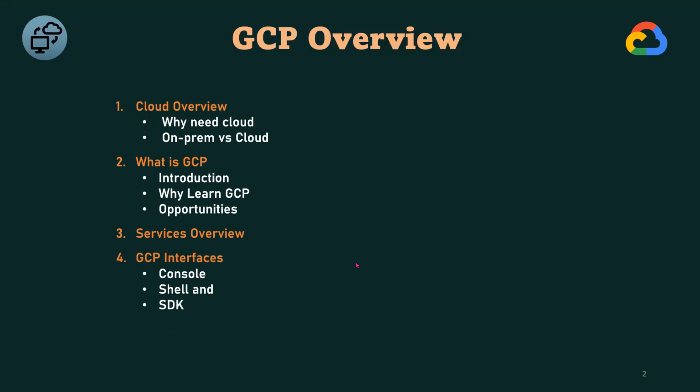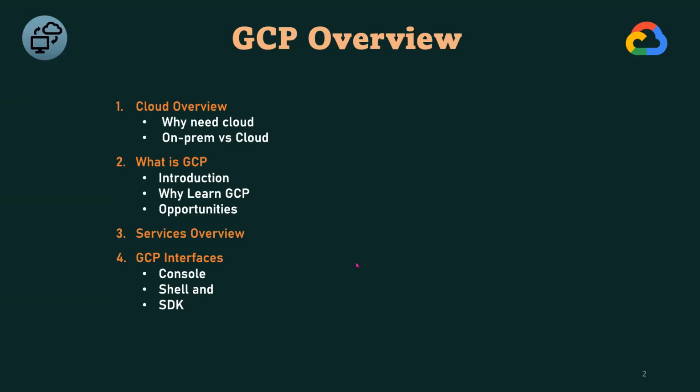If you remember, we have seen why we need the cloud and the difference between on-premises versus cloud. After that, I told you what is Google Cloud Platform, why we need to learn it, and the opportunities and certifications. In Google Cloud Platform, there are plenty of services. I told you the categories of services as well, like compute services, machine learning services, big data services, storage and database services.